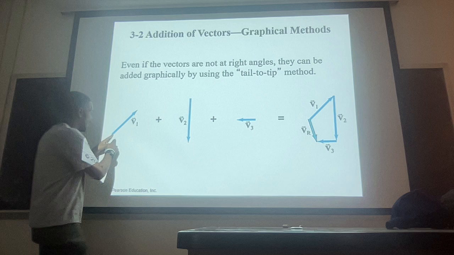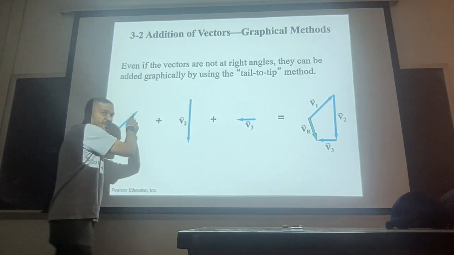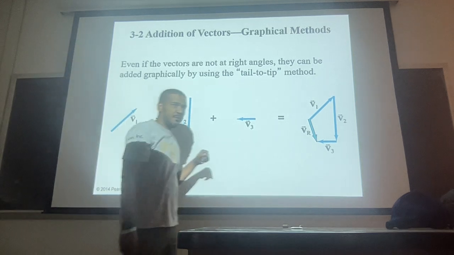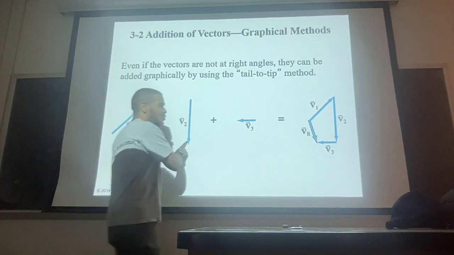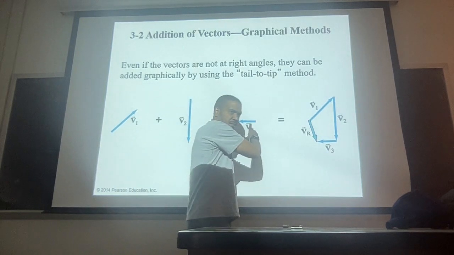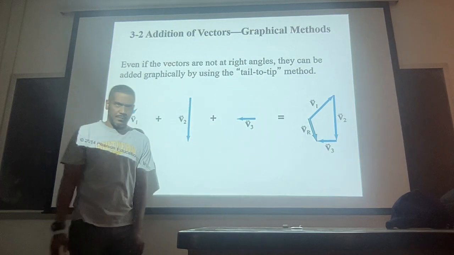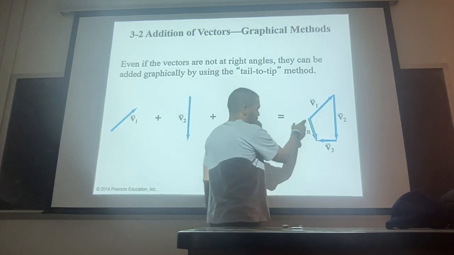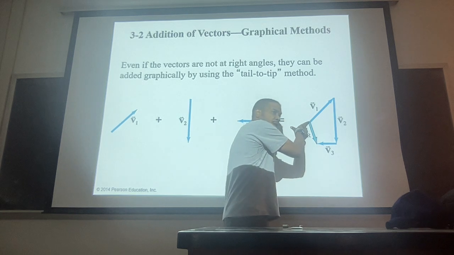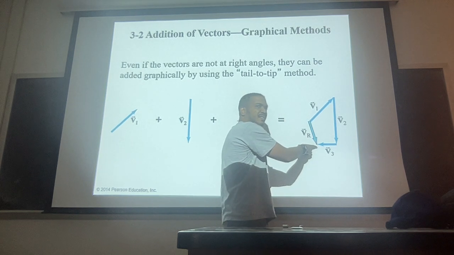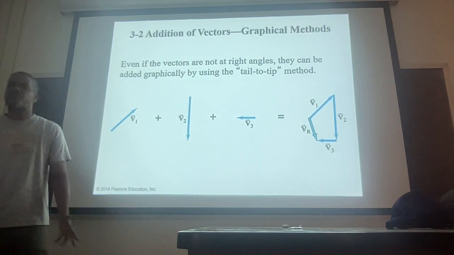I took the tail of V2, attached it to the tip of V1, right? I took the tip of V2, attached it to the tail of V3. I attached the tail of V1 to the tip of V3. And that's my last one. That forms my polygon. That's when I know I'm finished.